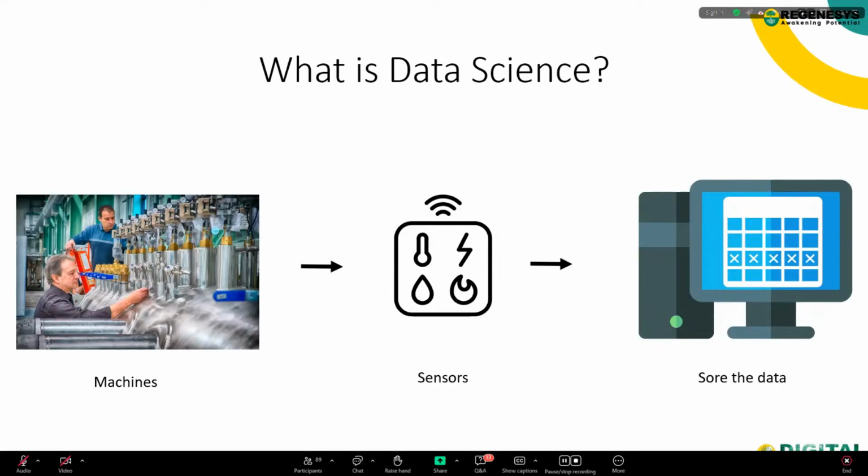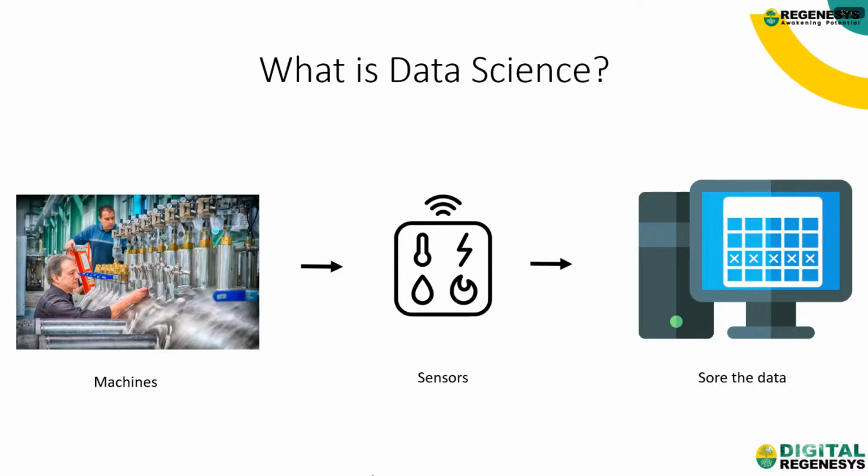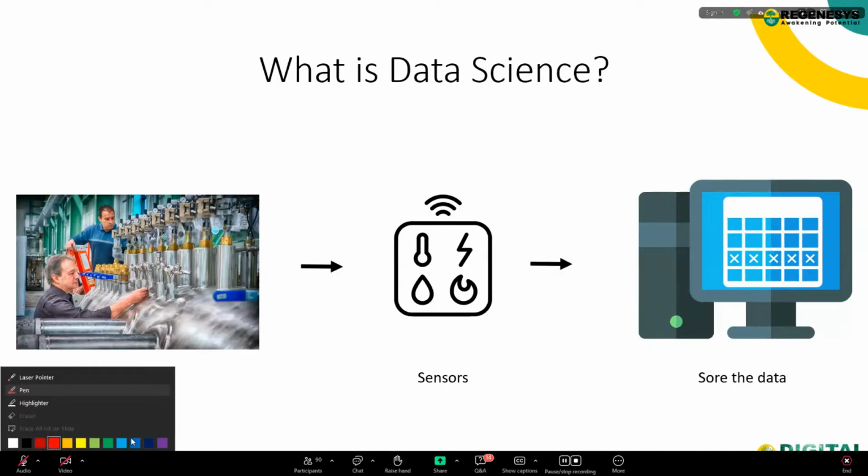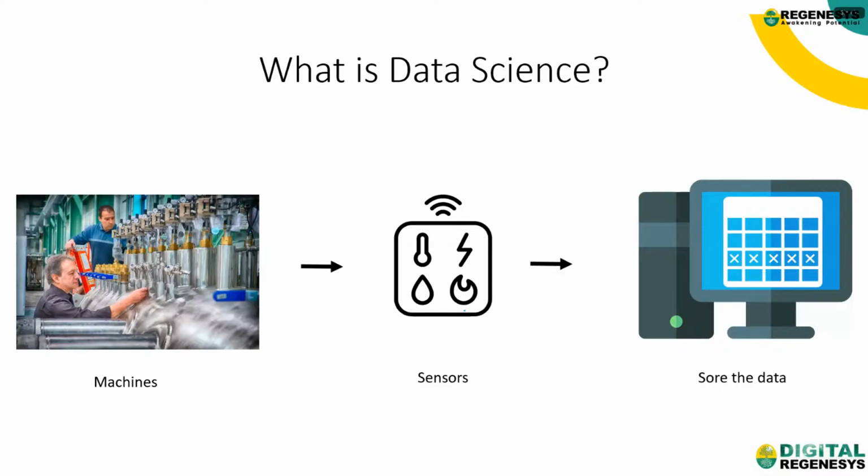Well, what we can do is install various sensors on this machine. These sensors may collect data such as temperature of the machine, vibrations, pressure, etc. Right? So all this data will be recorded by the sensors, and we will feed this data into a computer.